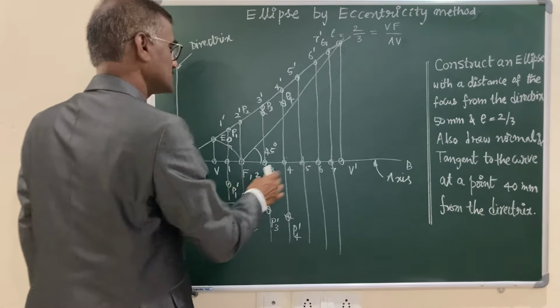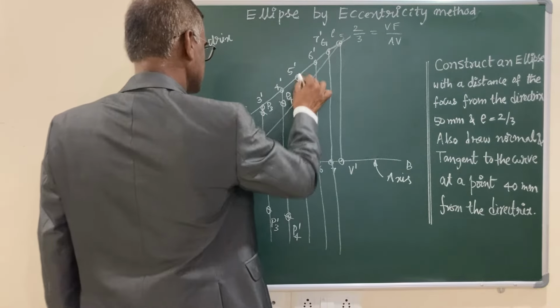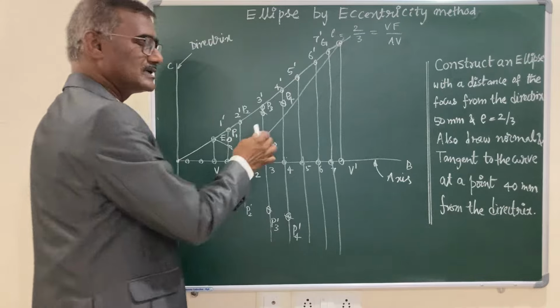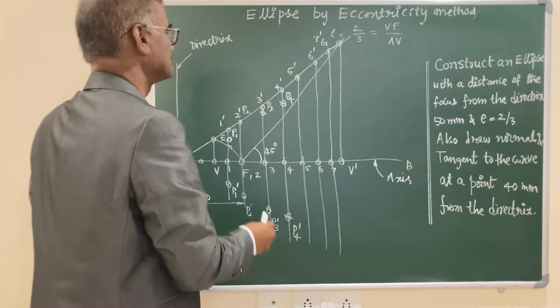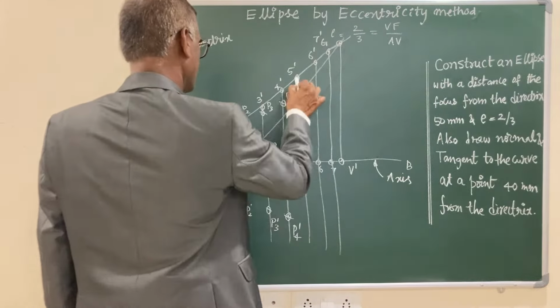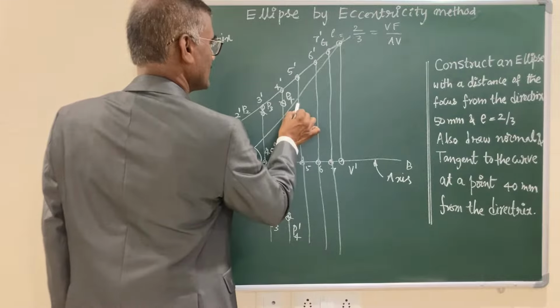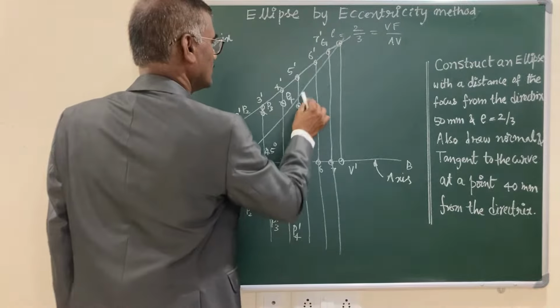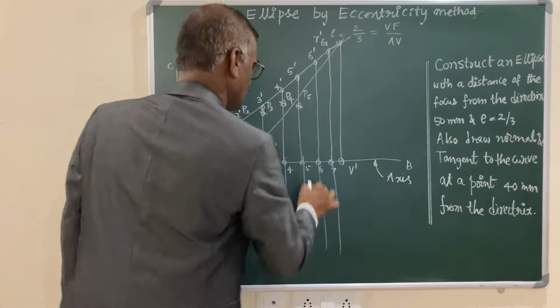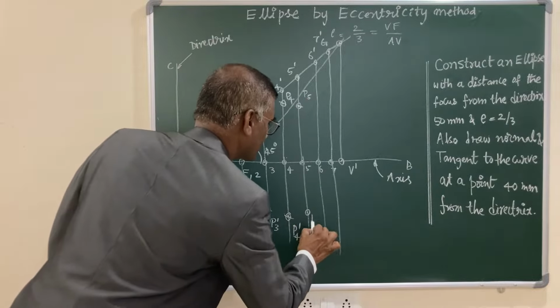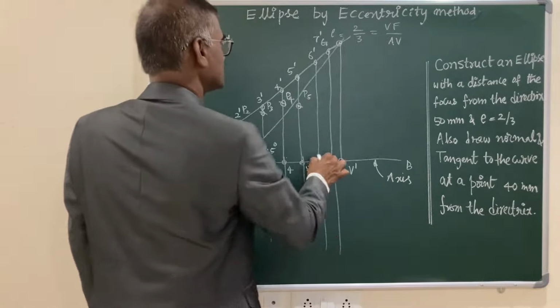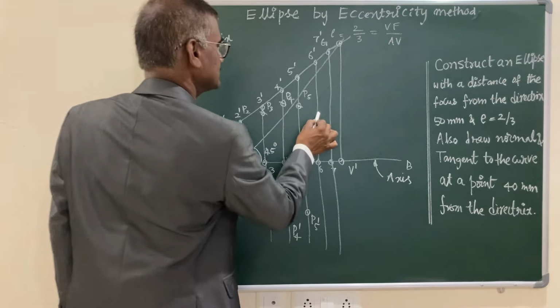Likewise, you do for all the points. 5 prime is the radius, F is the center. Remember that always F is the center, and this 5 prime is the radius. Let us draw an arc above and below. P5 and P5 prime. Now 6 prime is the radius, F is the center.